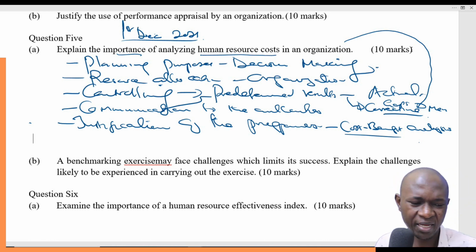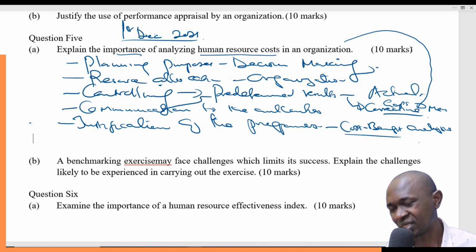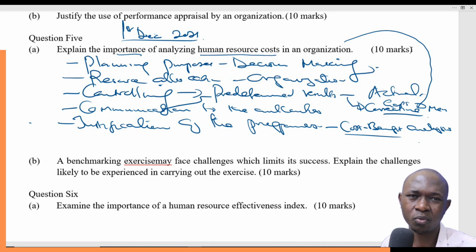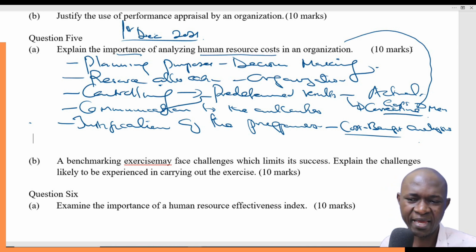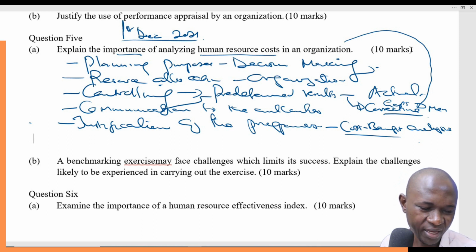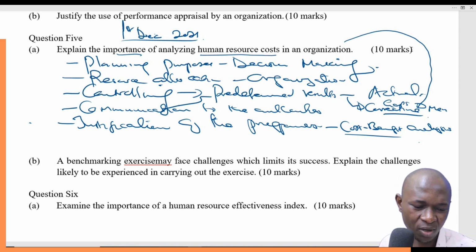So that calls for analyzing all the human resource costs, or all the costs that are related to that program, before you can sell the idea and also propose the benefits that will come in as a result of adopting those costs. So one of the importance of analyzing human resource costs is that it goes a long way into buying the justification of any idea that you want to present, if it's a worthy project or if it's not a worthy project.